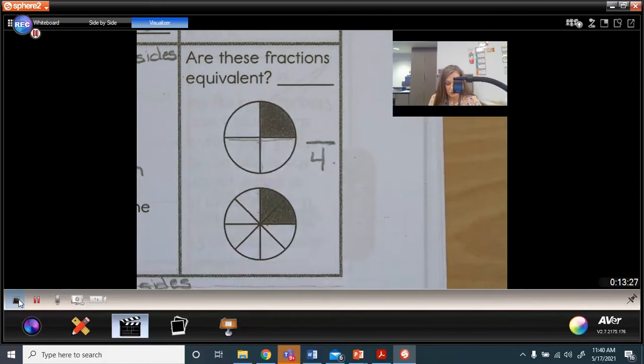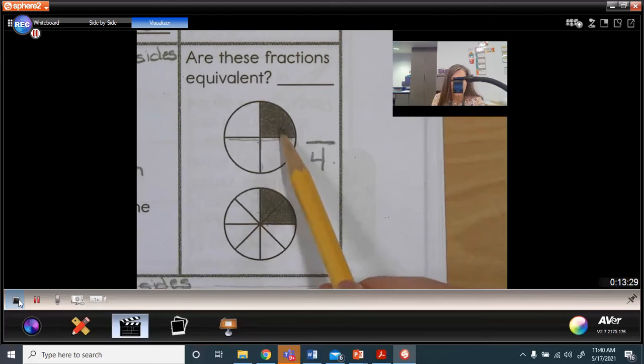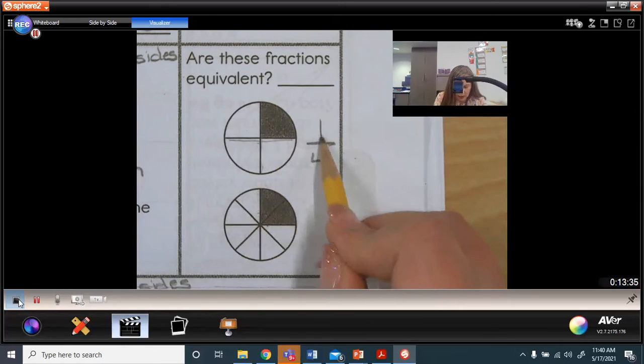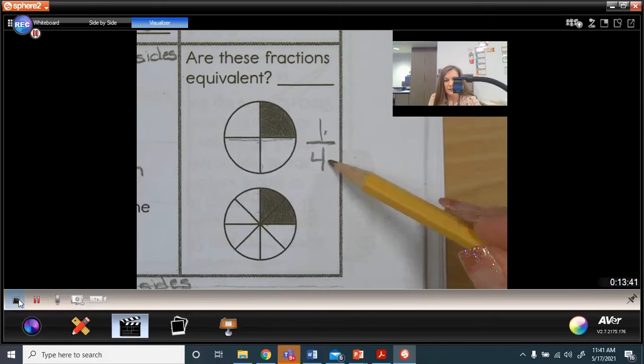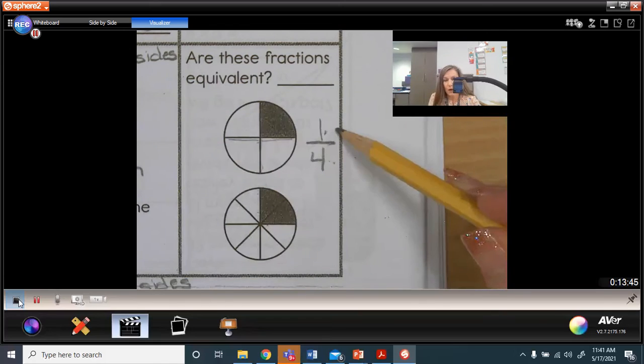Now, we're going to assume that we're talking about the shaded parts of this whole, right? The shaded parts. So I have 1 that I can count that's a shaded part for my numerator. So my denominator is 4 because I have 4 equal parts in the whole, and my numerator is 1 because I have 1 of the parts that are shaded. That's what I'm counting, the shaded parts.